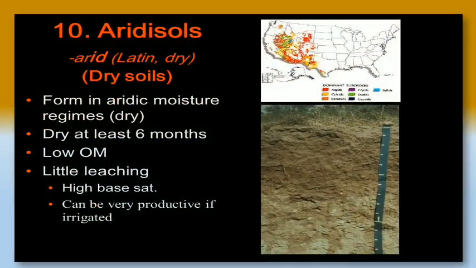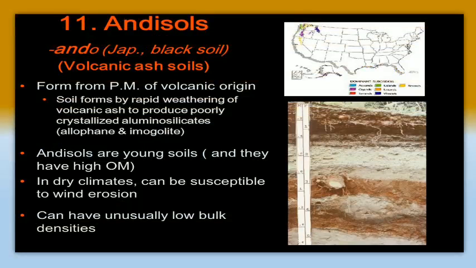Next, we have aridisols. Aridisols are dry soils. They form in aridic moisture regimes or in dry plains, so they are dry at least 6 months. They have little leaching, high base saturation, and can be very productive if irrigated. We have andisols.